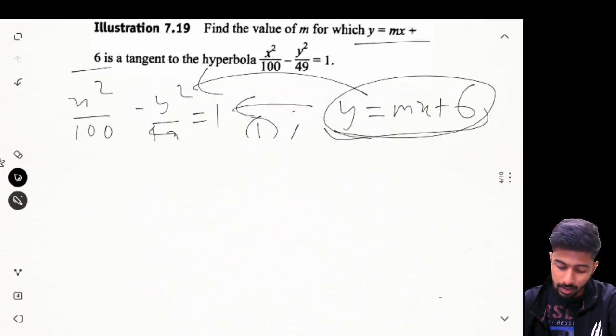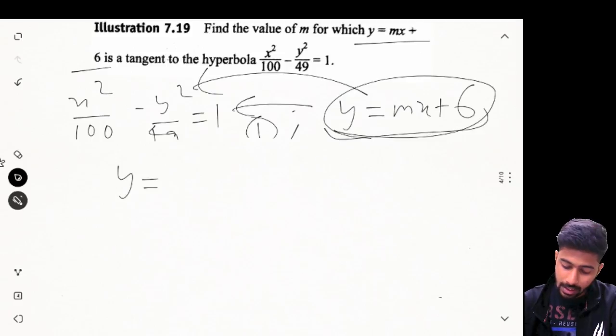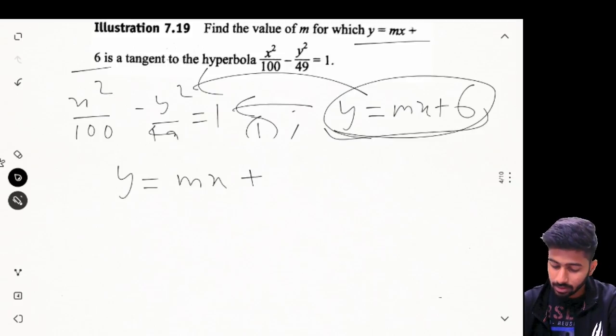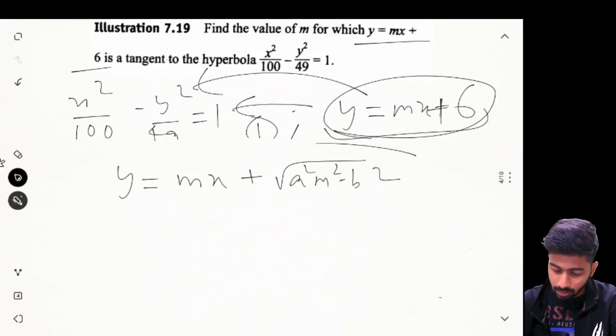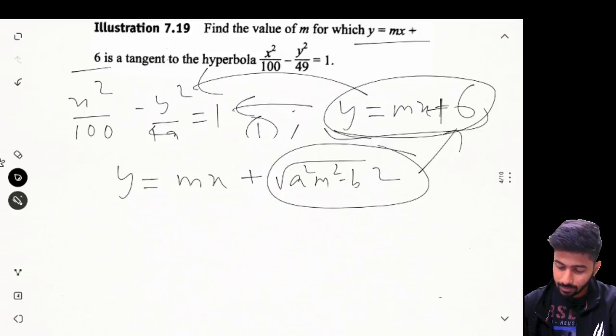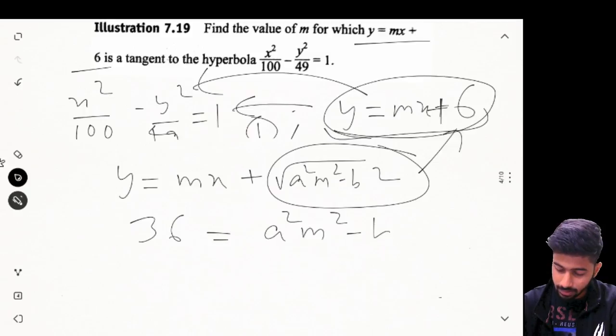So remember, for a straight line to be a tangent, it should have this form: y is equal to mx plus or minus under root a square m square minus b square. So you are having a plus here, so forget about this minus now. This is your tangent. So your 6 should be this, right? So 36 should be a square m square minus b square.